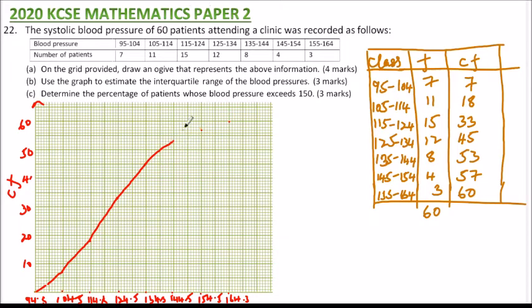So you use your free hand to join the points, and we refer to it as an elongated S. That is the ogive.